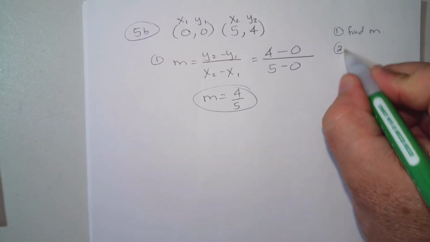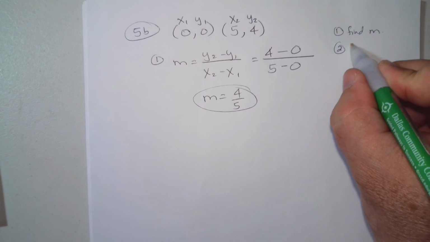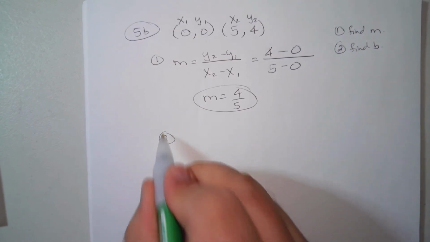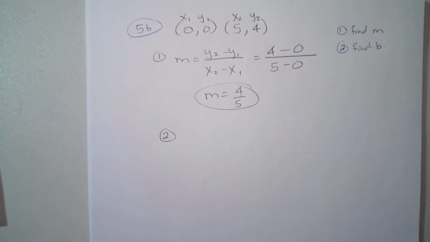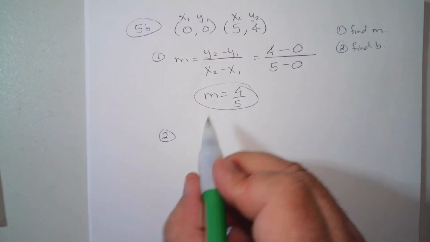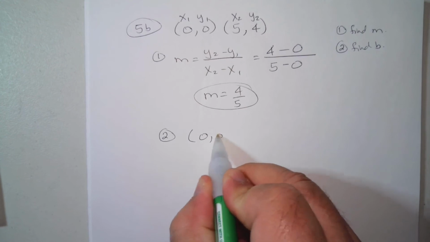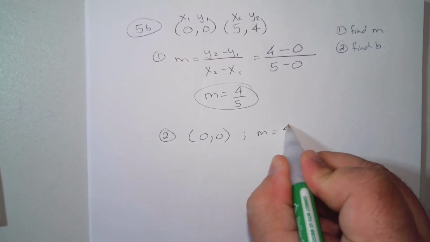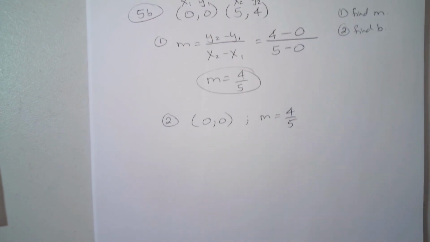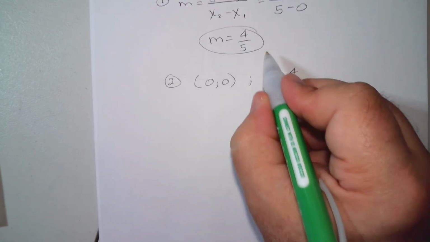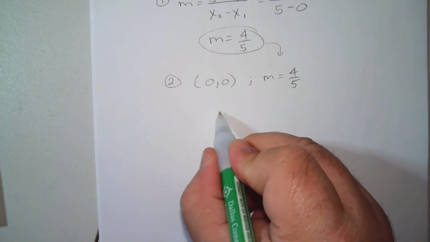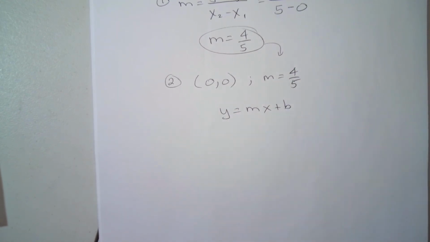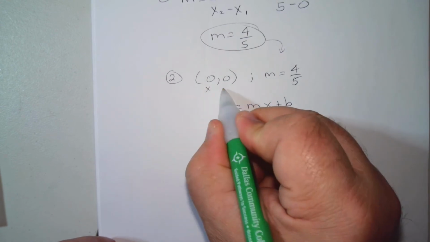Second step. Find b. To find b, I choose either of the 2 points. I take the easiest one. I picked 0, 0. And I have my slope. And I plug them in to this equation. Y equals mx plus b. This is x and that's y.